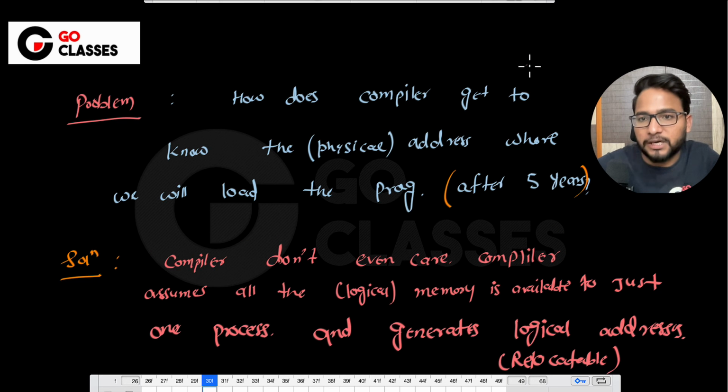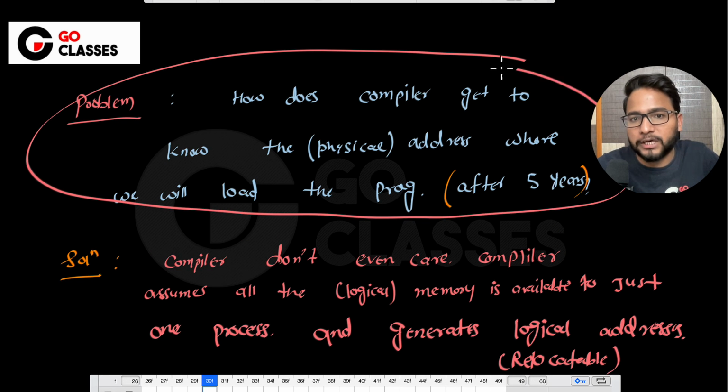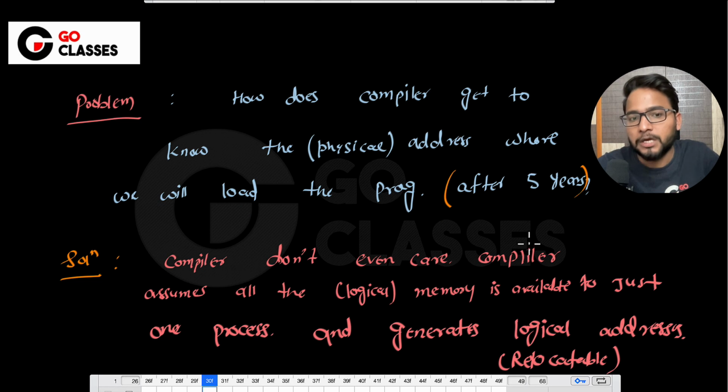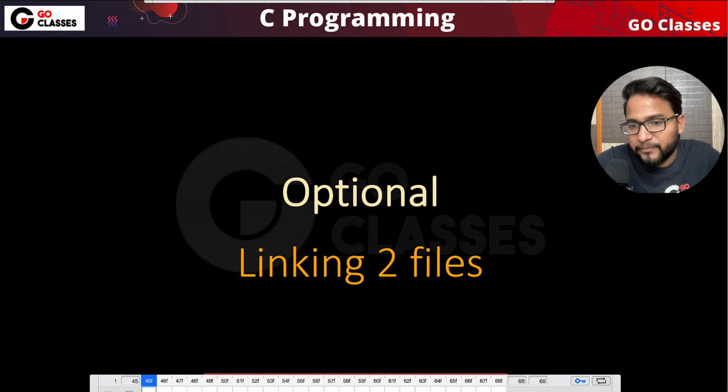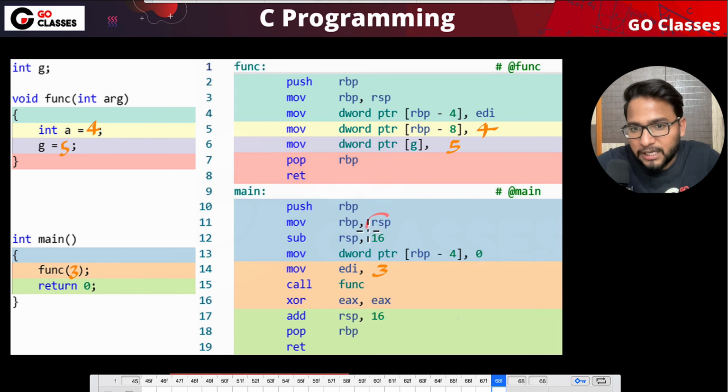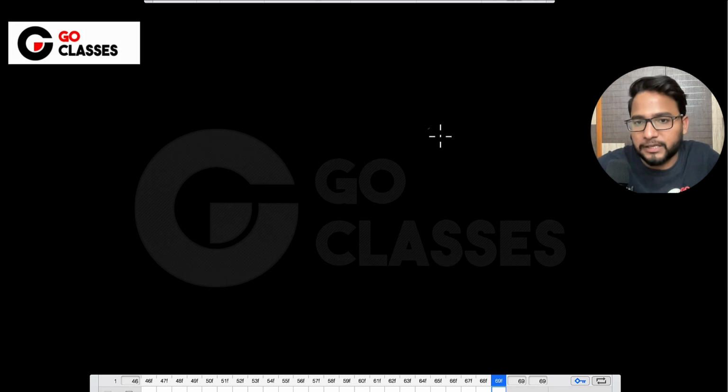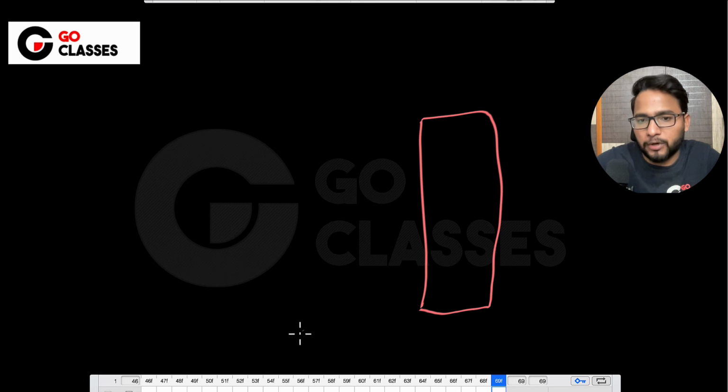The problem was how does the compiler get to know the physical address where we will load this particular program? So the answer, we said, is that the compiler doesn't even care wherever you are loading, right? Why doesn't it care? Because of this stack pointer. The compiler only cares about the stack pointer. So the compiler assumes that you have one memory, which is also called a virtual memory or logical memory. So let's suppose I call it logical memory.